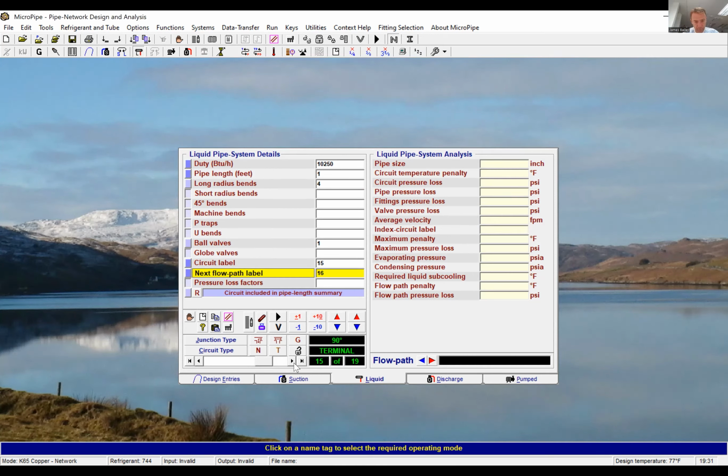Is there actually any designers on the call right now who design refrigeration pipework or use a similar software like this?